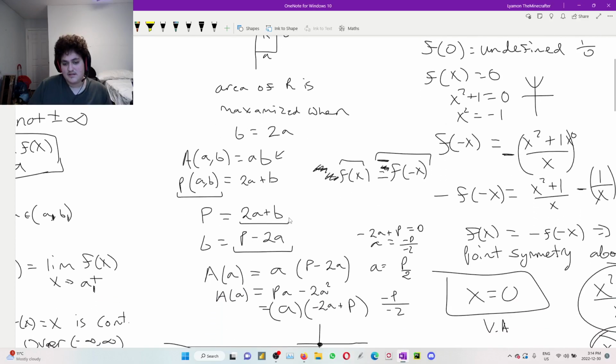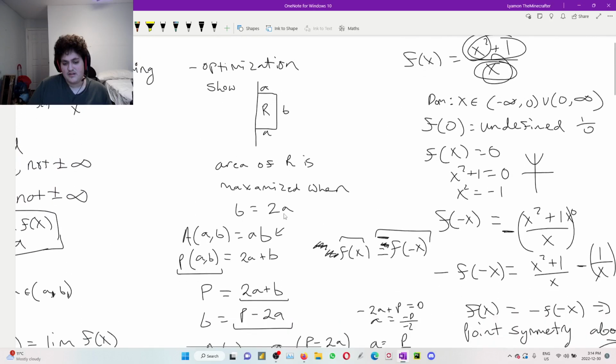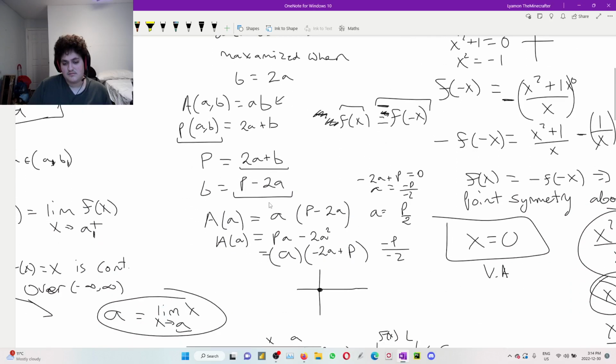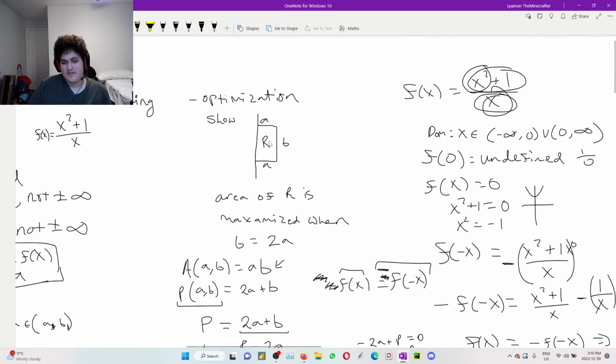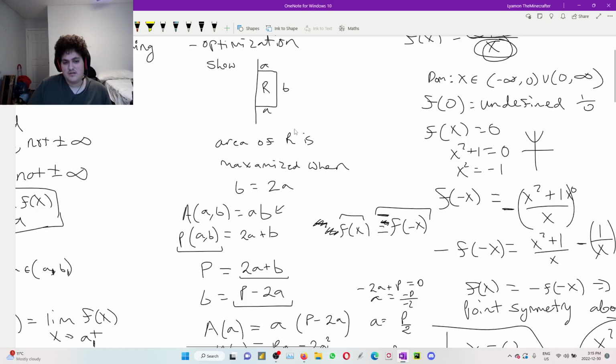That means that at least one of them has to be positive. If one of them is 0, then the area will be 0 anyway, so obviously you're not maximizing it. So we can just say that a has to be greater than 0 and b has to be greater than 0. I think that's a reasonable assumption.